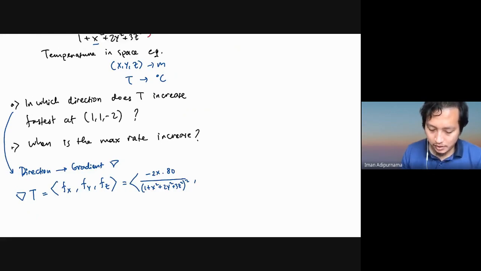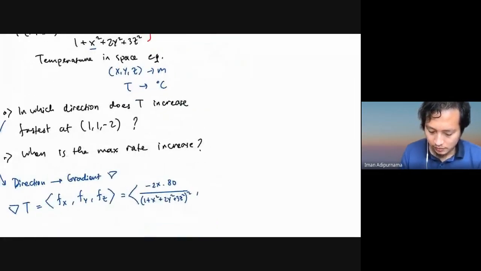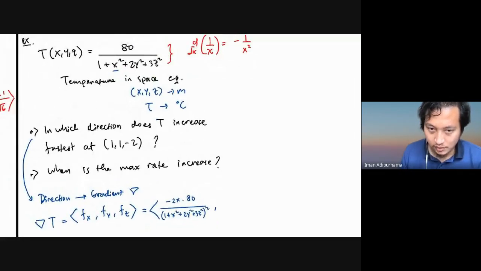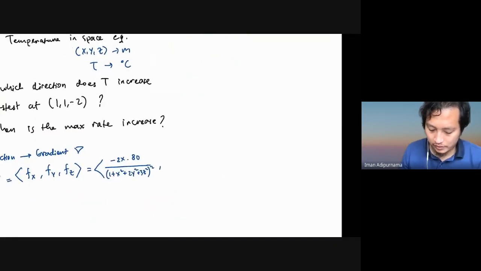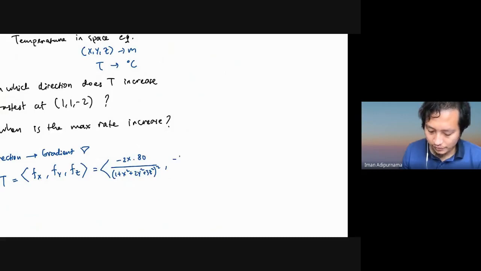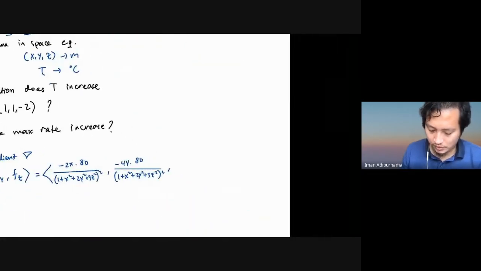And then the next part is with respect to y. Now we have 4y. So we have negative 4y and 80, and then the same equation here, and then squared. And then with respect to z, it will be 6z.